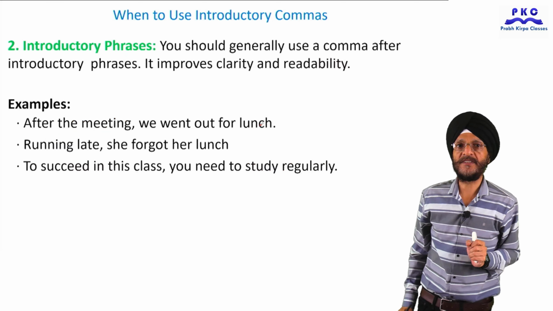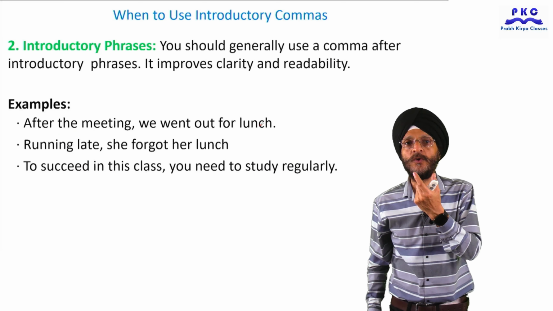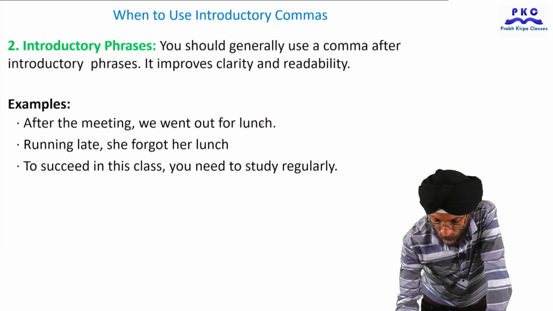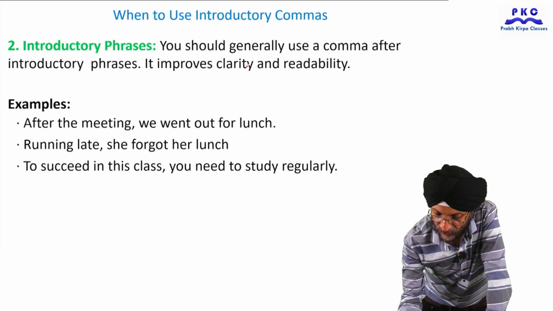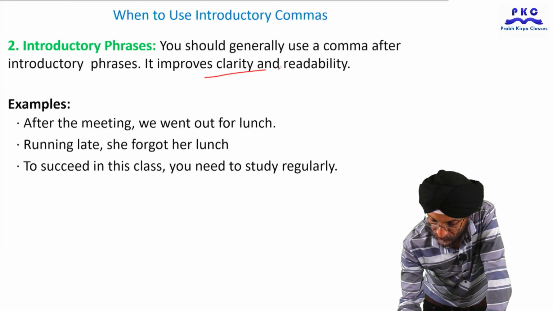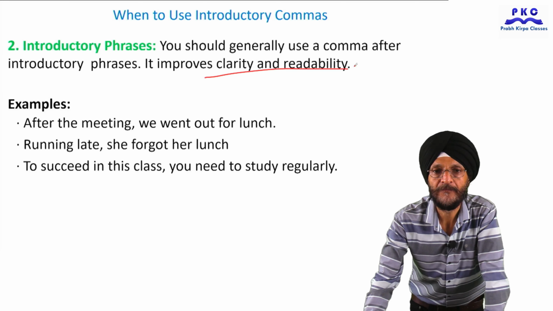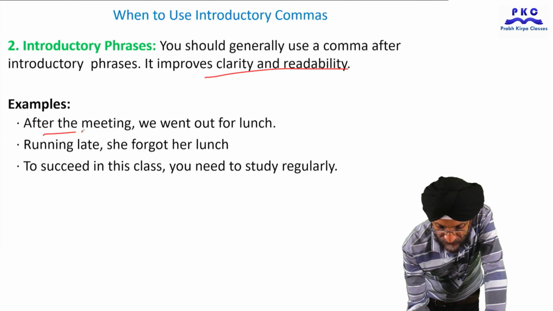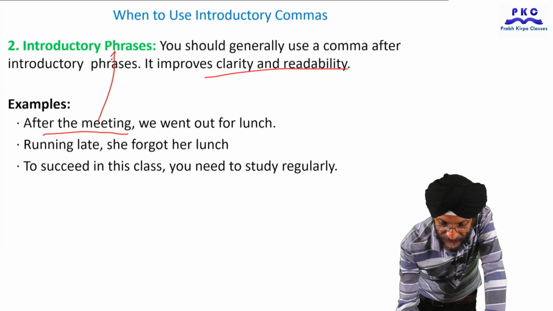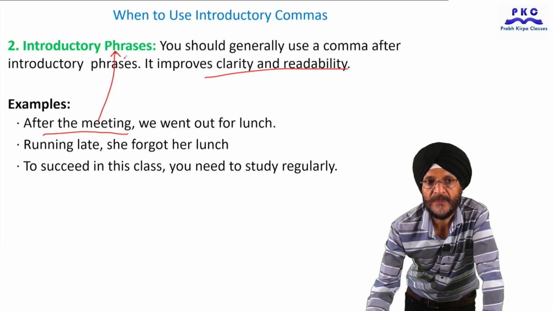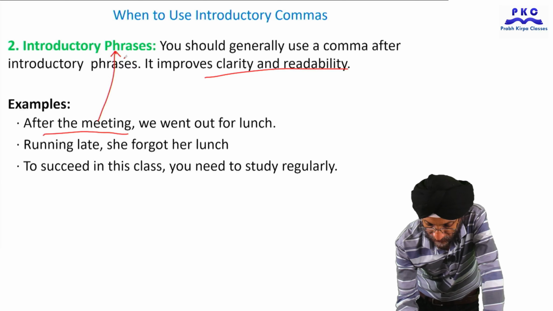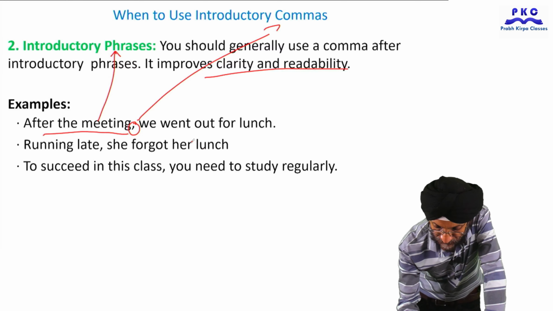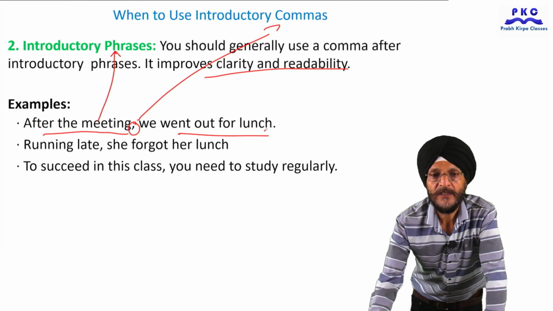After introductory phrases we also generally use a comma. Use of a comma after introductory phrases improves clarity and readability. So here are some examples. After the meeting, we went out for lunch.